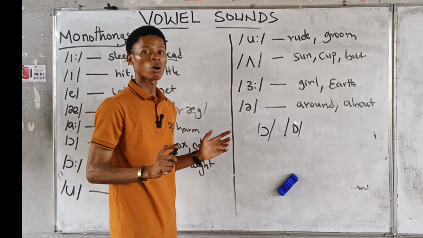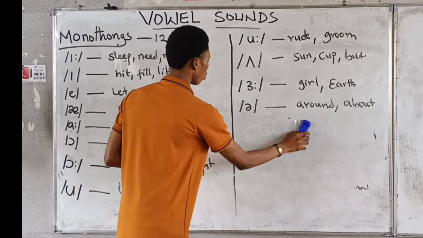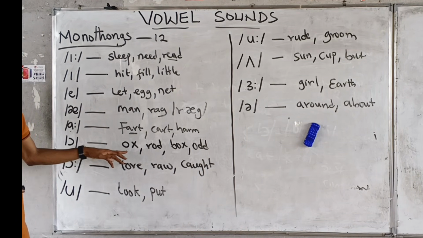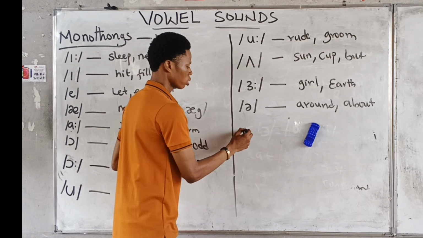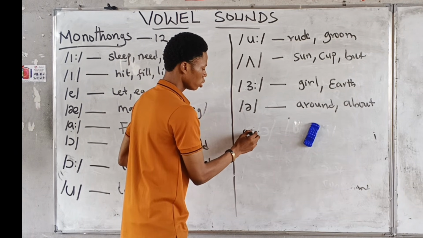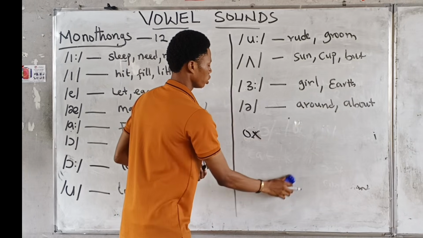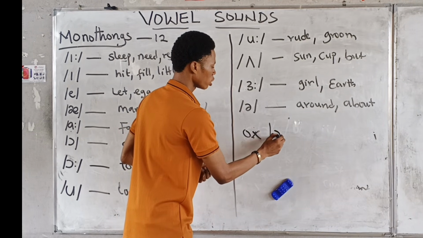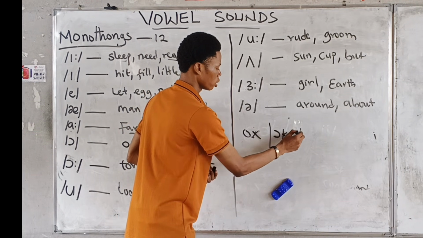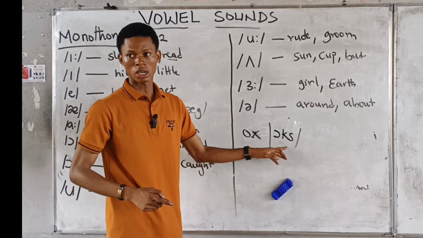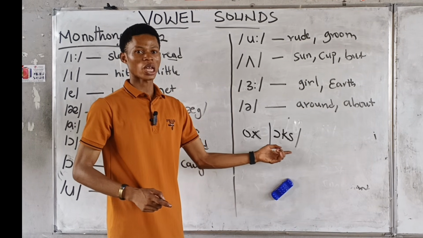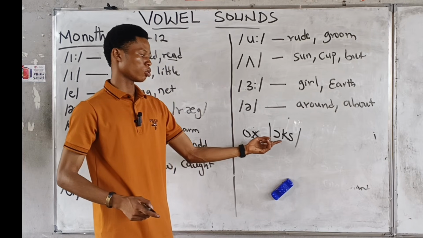This O. Example, pronounce this. Ox. If you are transcribing ox, what's the spelling again? So this is transcribed ox. So this is a transcription of ox.